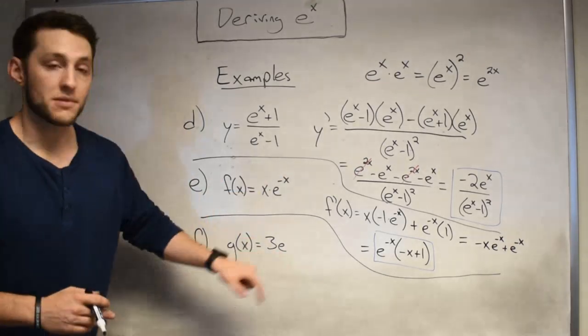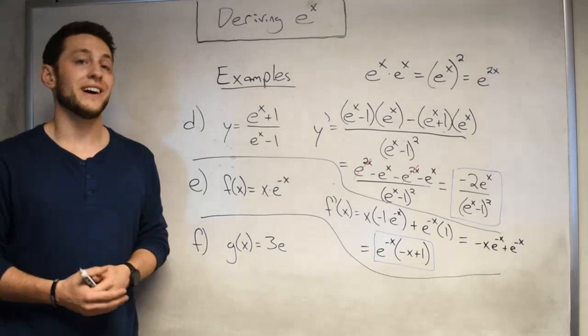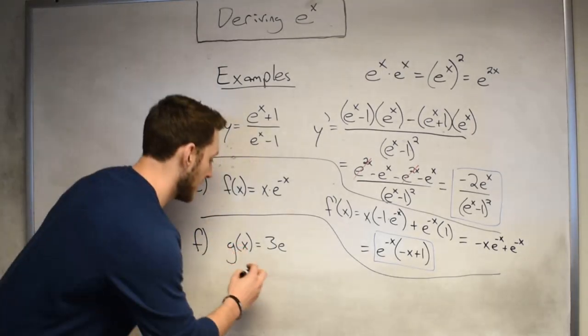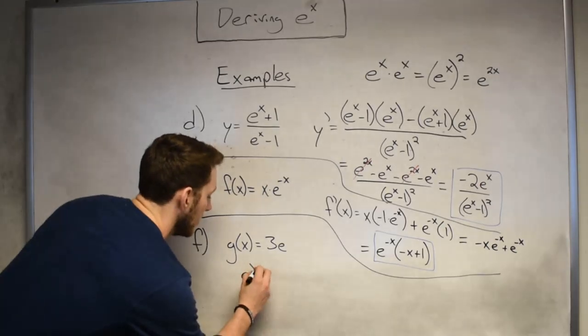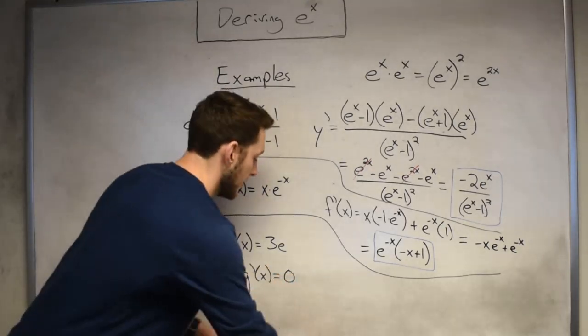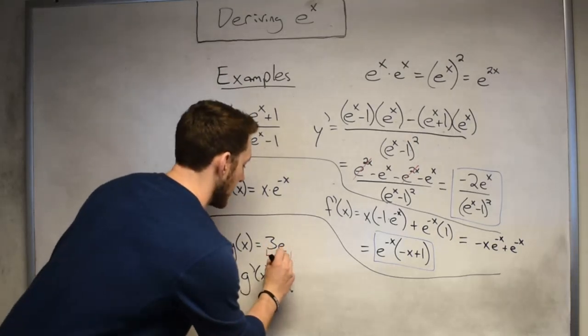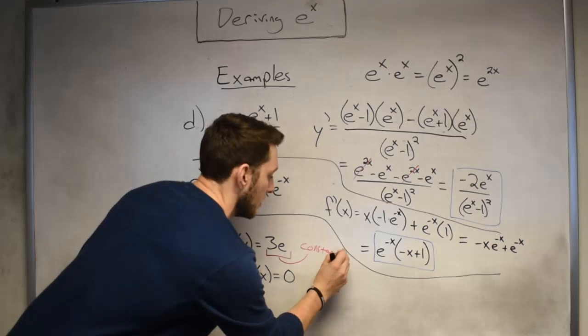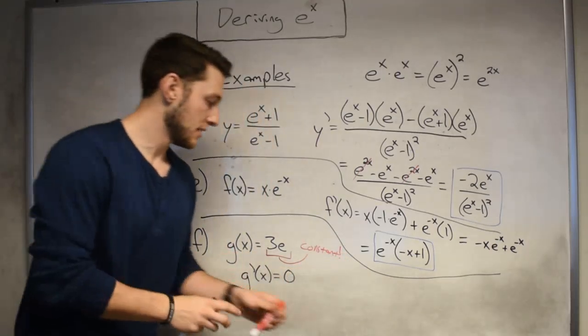So 3 times e is just a glorified constant, kind of like 2 times pi. Therefore, when I derive it, I just get 0, and that's due to this thing being a constant. A glorified one at that.